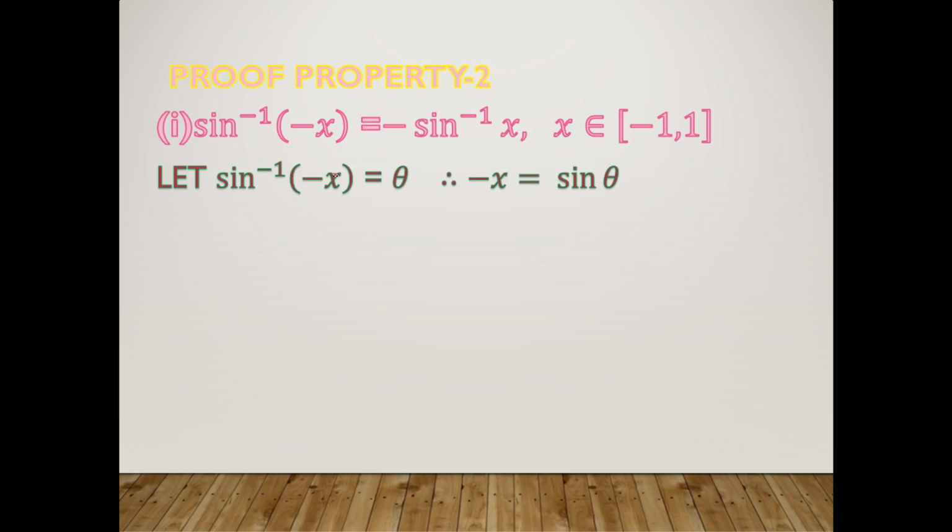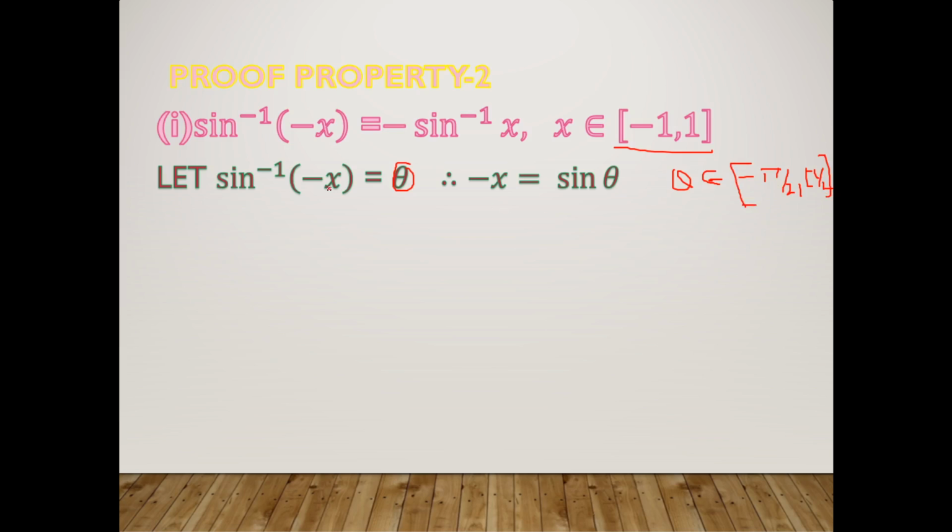And here, for all these values of x, because x lies in this interval, this theta must lie in the principal range of the sine inverse function, right? So we all know the principal range of the sine inverse function is minus pi by 2 to pi by 2, a closed interval.